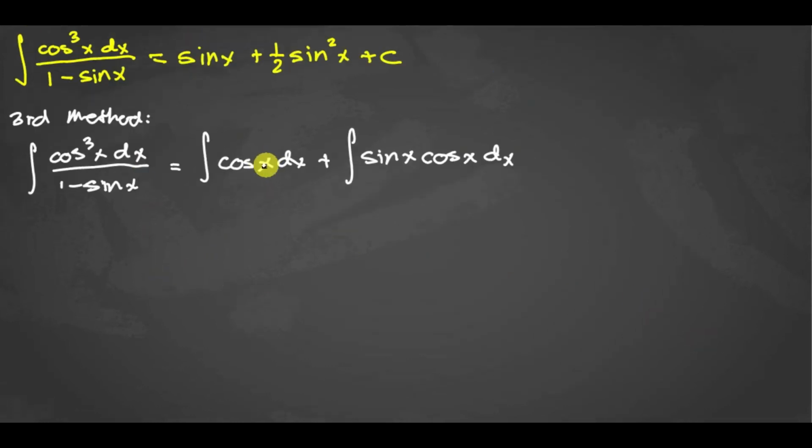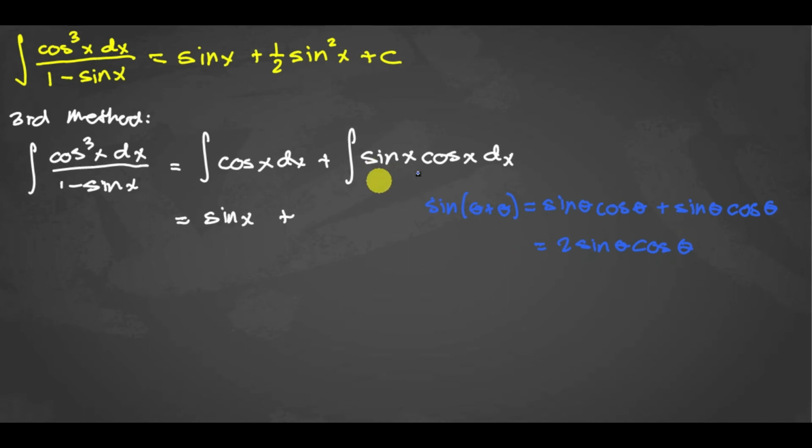Now, using the third method on showing our solution, we could write the integral of cos x is sin x plus, we should transform this one using double angle identities, where sin(theta + theta) is equivalent to sin theta cos theta plus sin theta cos theta, or we could simplify this as 2 sin theta cos theta.